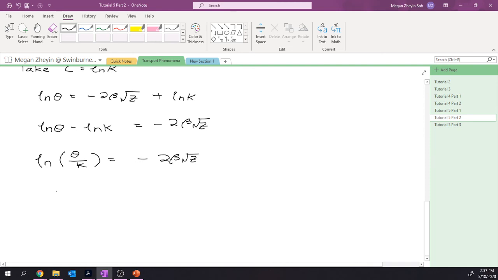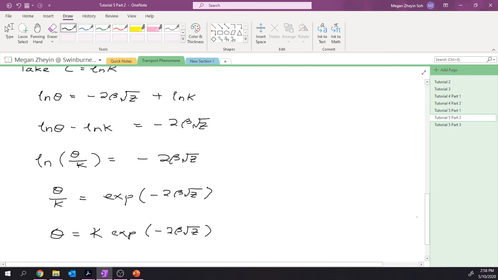So theta over k is the exponent of negative 2 beta square root of z, and theta is k exponent negative 2 beta square root of z.